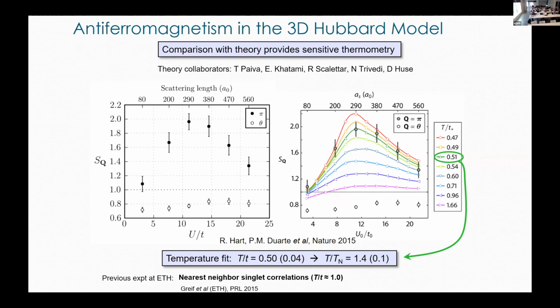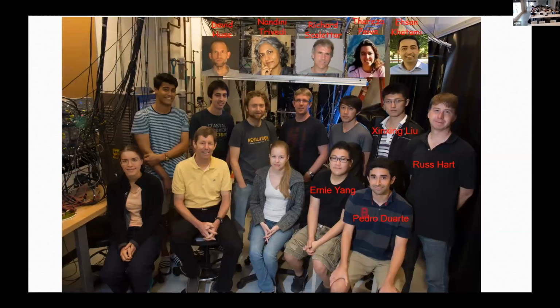But since then, people have done remarkable two-dimensional experiments where they are able to image directly single-site resolved images of the atoms in the lattice. And so with that, you're able to calculate all the correlations. And they're able to get to something like 0.4 of t, so just right at the Néel transition, a little below it.